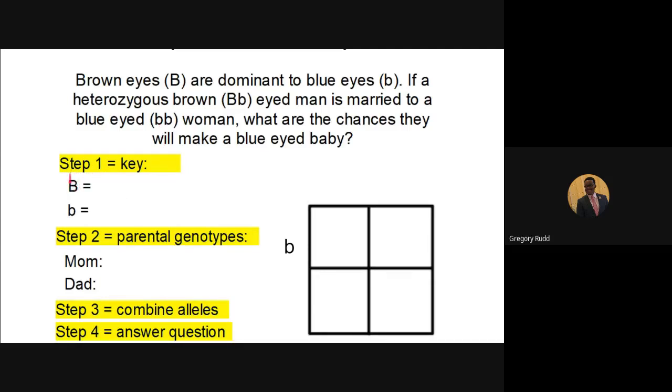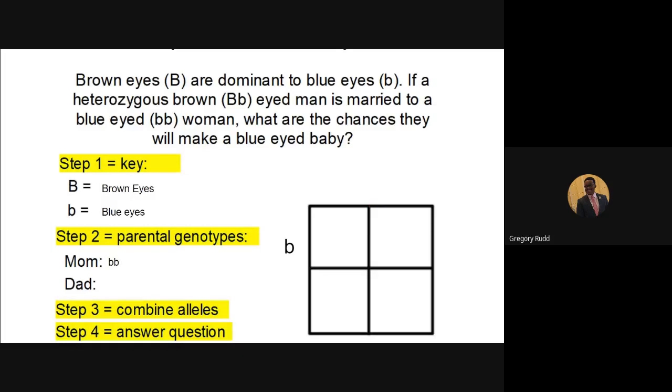The capital B represents the dominant allele, which is brown eyes. The lowercase b represents the recessive allele, which is blue eyes. Our next step is to place the parental genotypes around our Punnett square. So we're going to put mom on the left and dad on top.